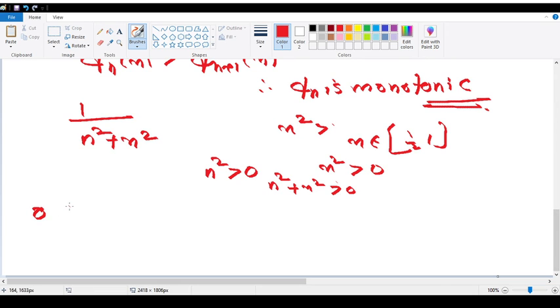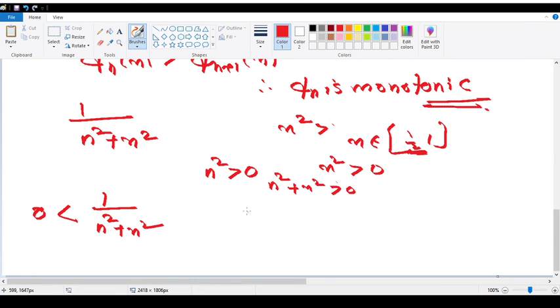So you can write 0 less than 1 by n square plus x square. Isn't it? And the smallest value of x is half.